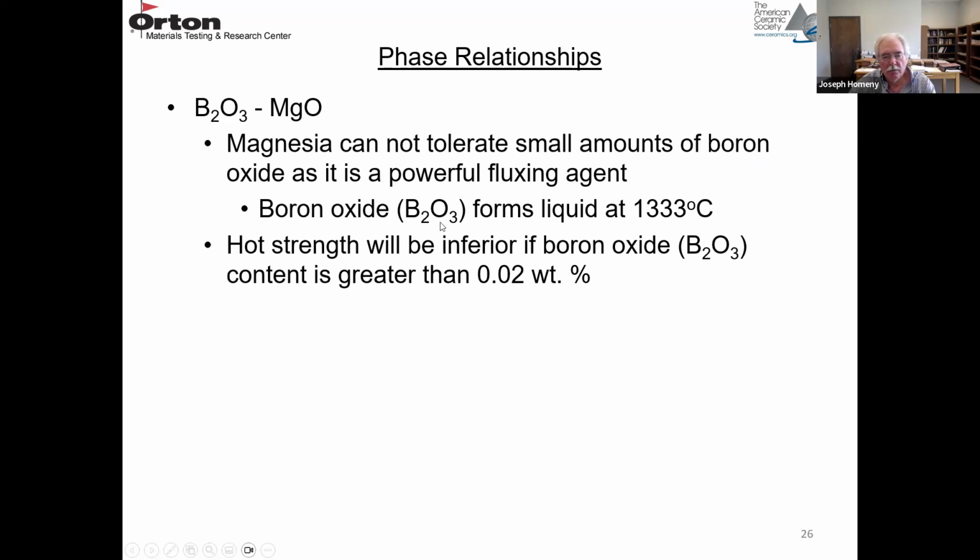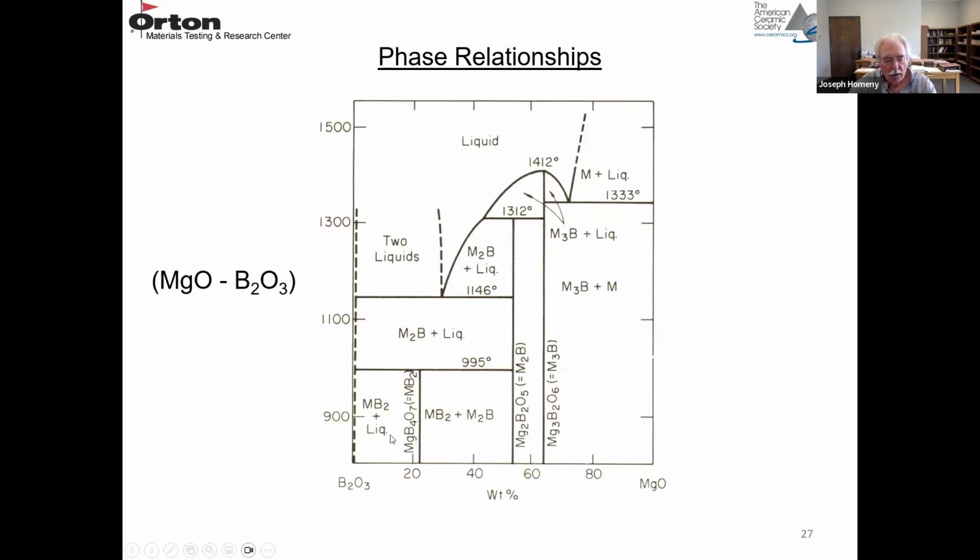So boron oxide, B2O3, forms a liquid with MgO at this low temperature, 1333 degrees C. So if you have greater than 0.02 weight percent B2O3, you're going to have a material with very poor hot strength because of this trace amount of B2O3. And you can see that on the phase diagram here. On the left-hand side is B2O3 100%, and then MgO on the right-hand side 100%.